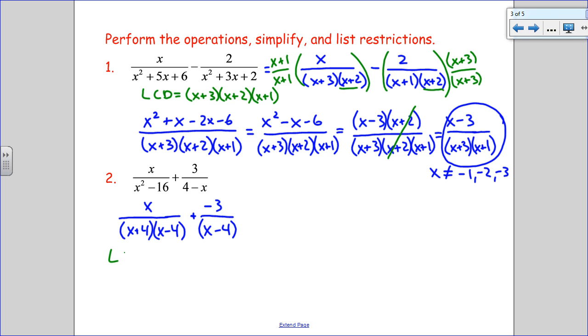This means that our LCD is simply the product of x plus 4 and x minus 4. And our second rational expression should be multiplied by the quantity x plus 4 over the quantity x plus 4.